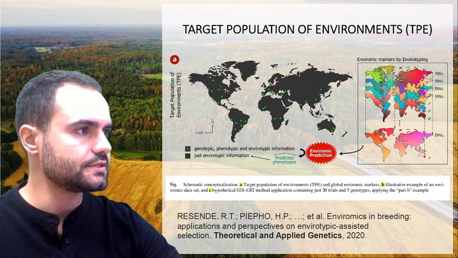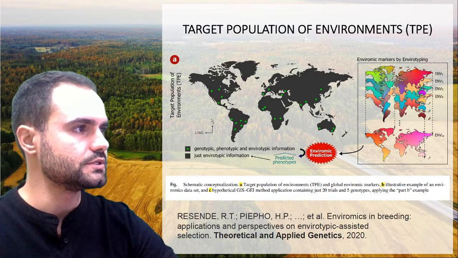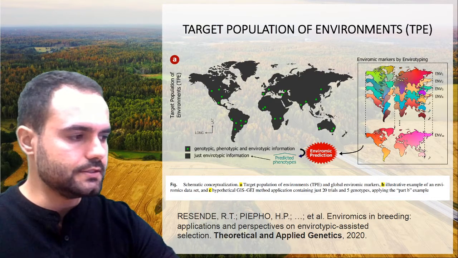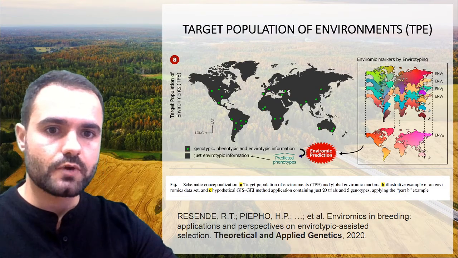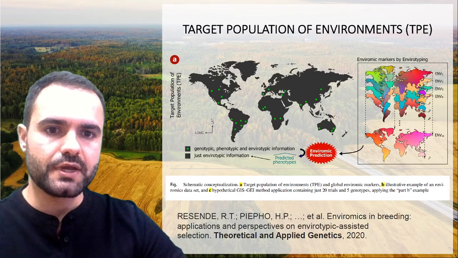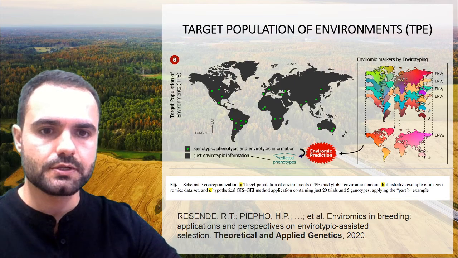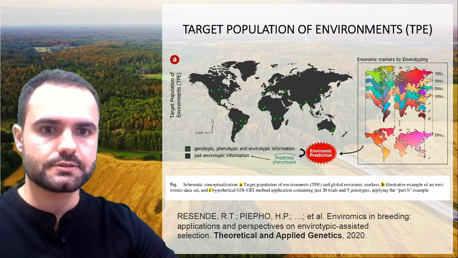So in this scenario, it is important to tell you about the target population of environments, wherein I mean the places where the breeding is done, or the places where the population uses the breeding products in a market scale.